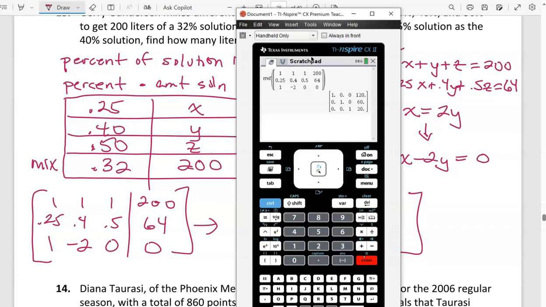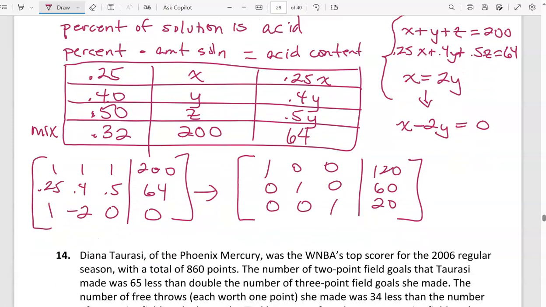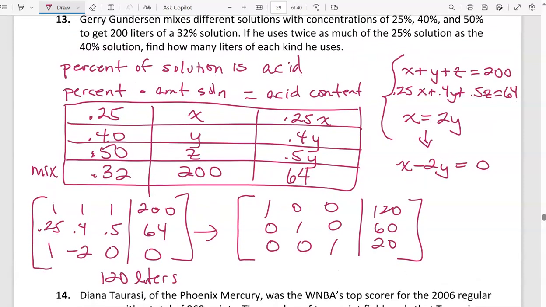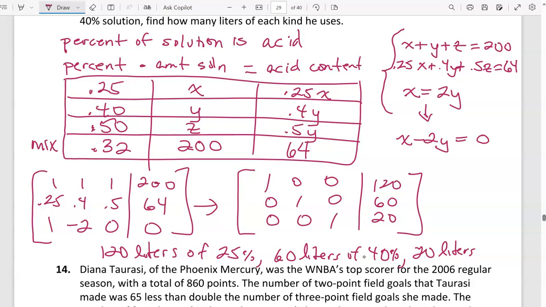That gives us 120, 60, and 20. And the rest of the reduced row echelon form matrix looks like this. And so that means that we have 120 liters of the 25% solution, 60 liters of the 40% solution, and 20 liters of the 50% solution.